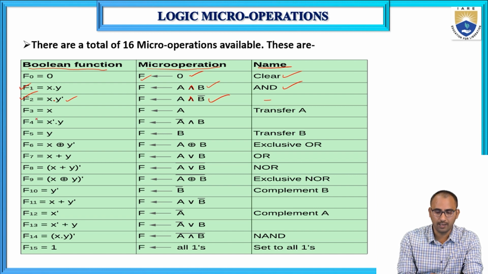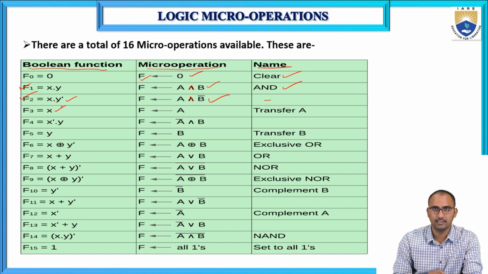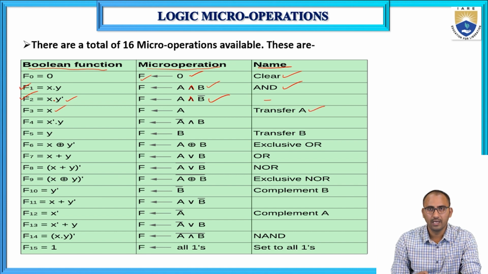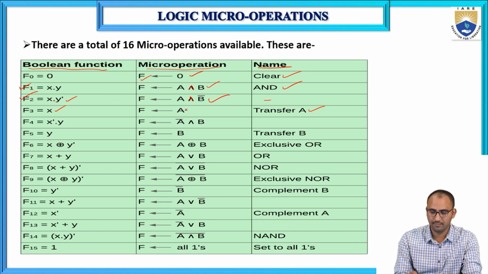And coming to F3, F3 is equal to x. Similarly, A tends to F4, so here it is transfer. The name of the micro operation is transfer A. That means the contents of register A we are transferring to the register F. Then F4 is equal to x dash into y.